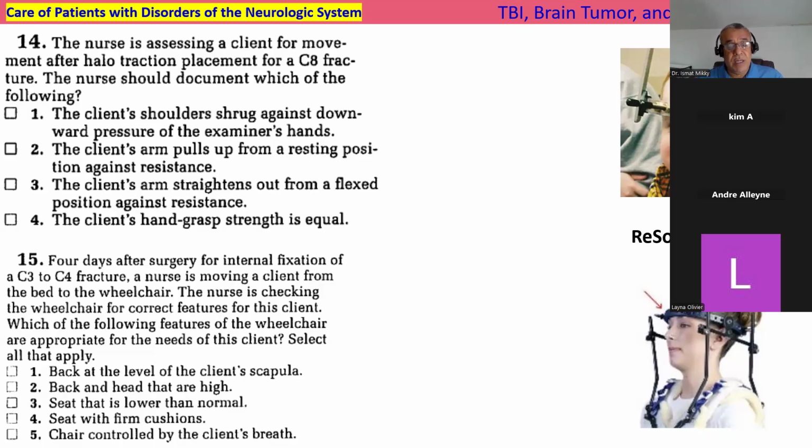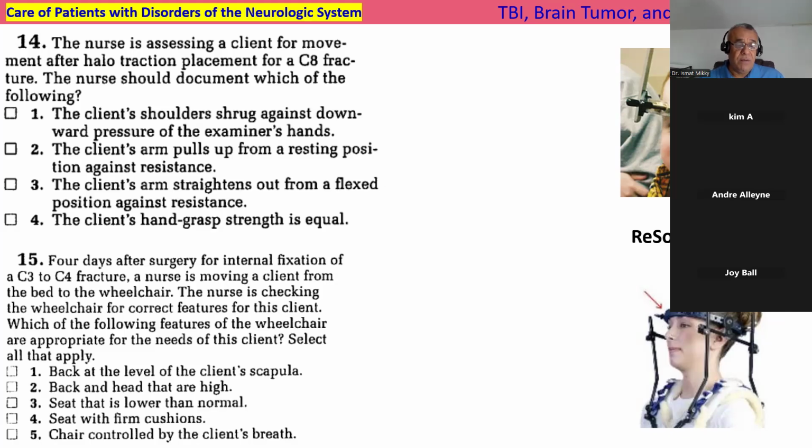And number three, the client's arm straightens out from flexed position against resistance. This is the assessment technique to check the motor function for C7.